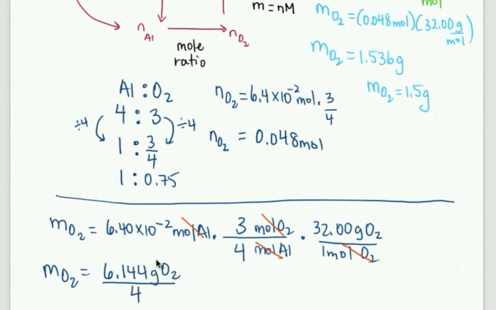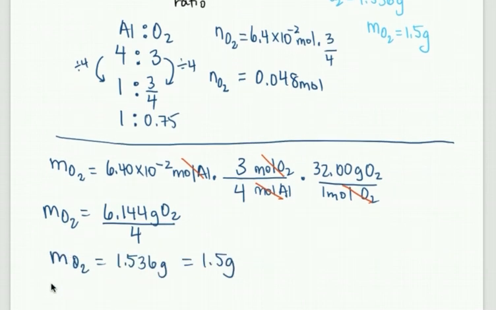So divide that by 4 now, and you get the mass of oxygen is 1.536, which is what you had before. Just going to round it. So now I can do a therefore statement for this question. Therefore, the mass of oxygen is 1.5 grams.